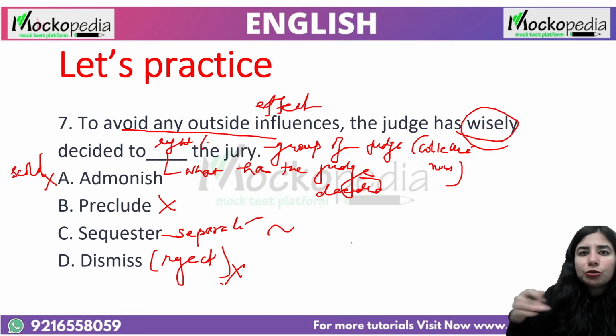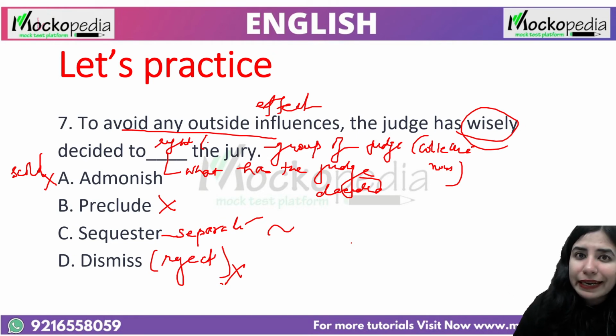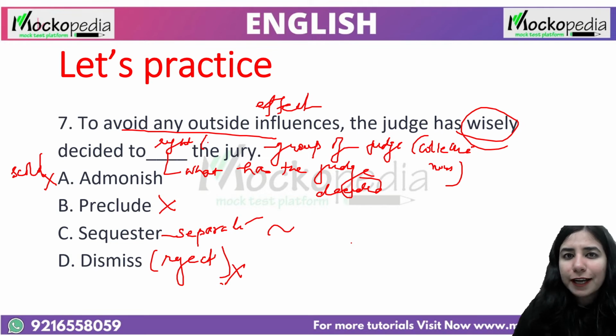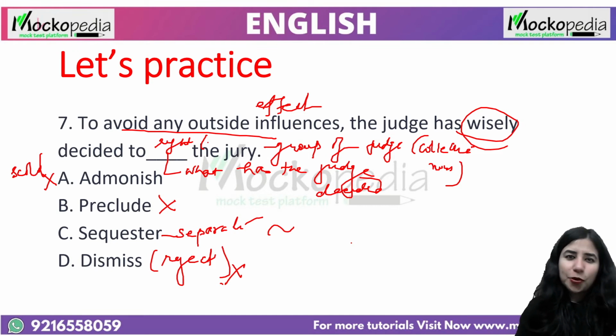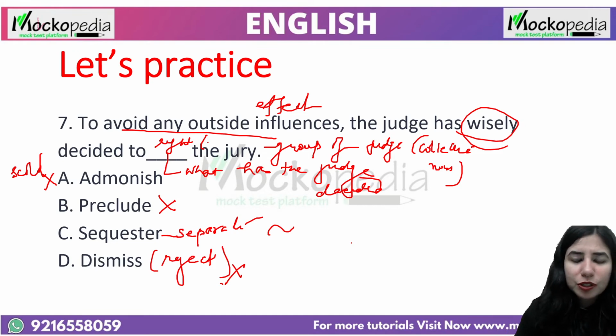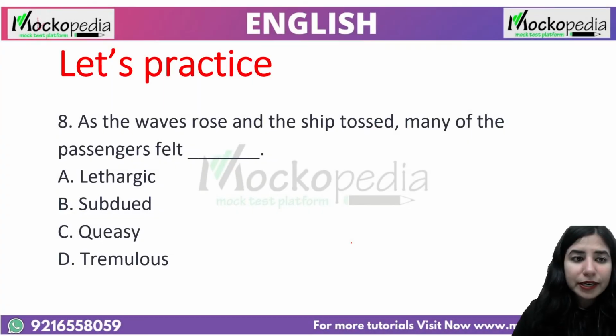You must have seen that when party tickets are given or when the mandate comes out after the elections, the successful candidates, the MPs, are separated so that they are not influenced by the other party in order to make the majority, right? So same way, sequestration, separation. Okay, so let's try the next question.